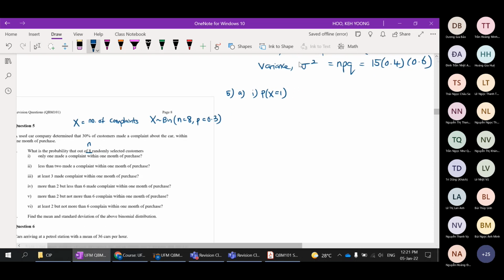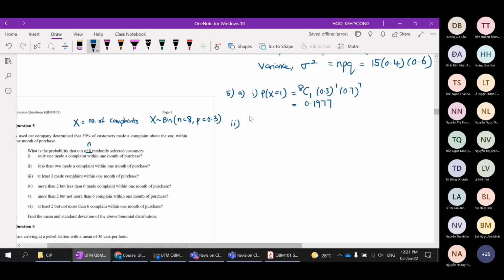So write down the formulas and substitute the values first: 8C1, 0.3 power 1, q is 0.7 power 7. By calculation, you get 0.1977.